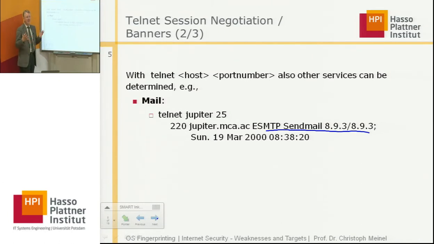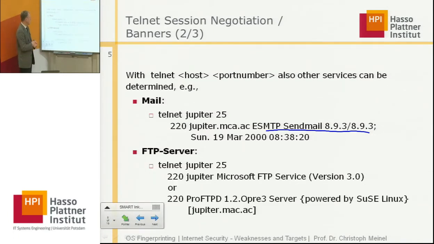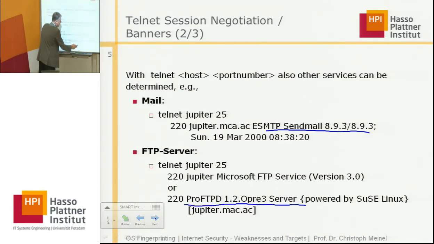So an attacker can now see what exploits exist for this Sendmail version, and he can apply this attack later on. One can also query an FTP server to get information about it. Here, this is a typical answer provided in the banner information to anyone who sends this command.